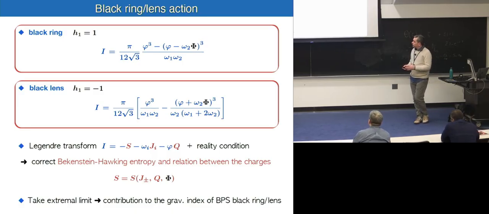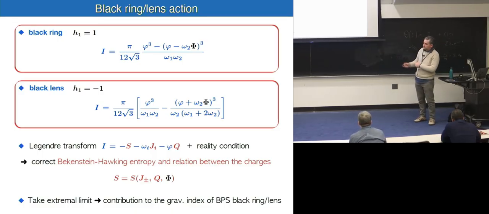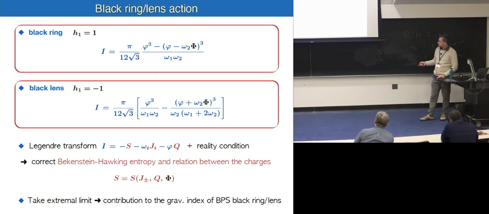So we are able to interpret them as contributing to a grand canonical partition function that is this gravitational index. And we have checked that they satisfy the boundary conditions that should be satisfied for contributing to the gravitational index. If we want, we can take the extremal limit of these solutions and recover, after Wick rotation, the Lorentzian solutions.